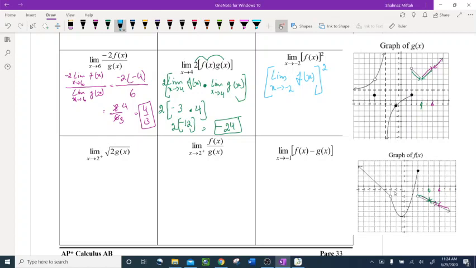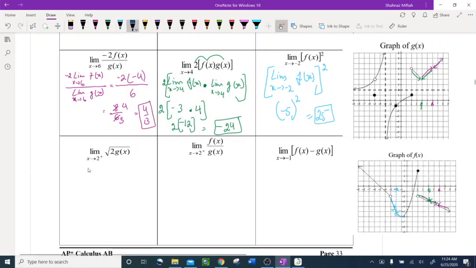This is f of x, negative 2 is right there, and I'm approaching from left and right because that's what they're asking about. The y value for negative 2 is this. I'm approaching from the right, I'm approaching from the left, and the y value is negative 5. So this is negative 5 squared, which will give me positive 25.